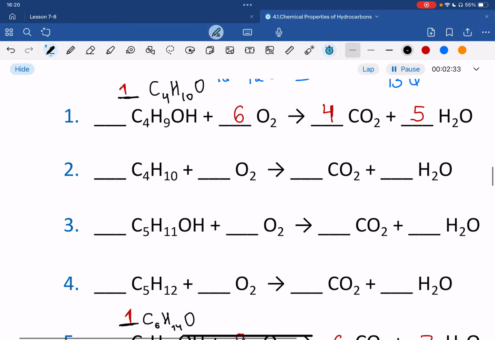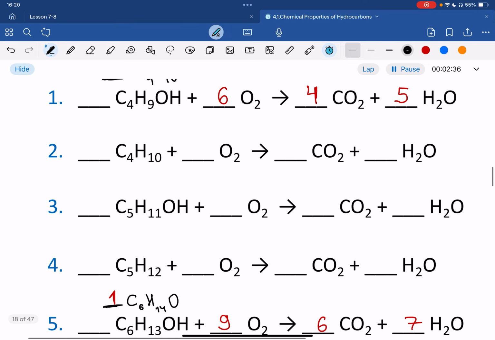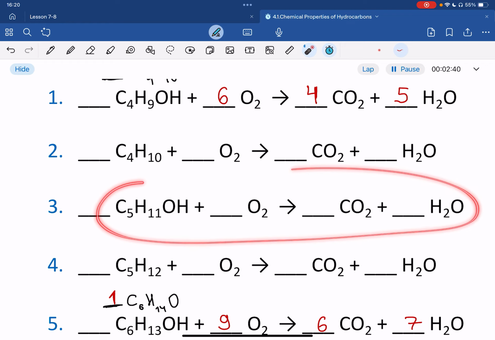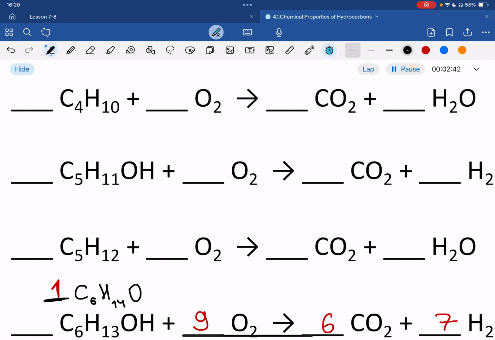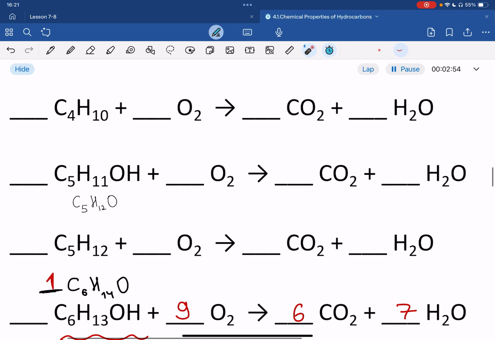So I have done some of these. Let's do this one, number 3. What's the first step? Instead of writing C5H11OH, we can write C5H12O easily.